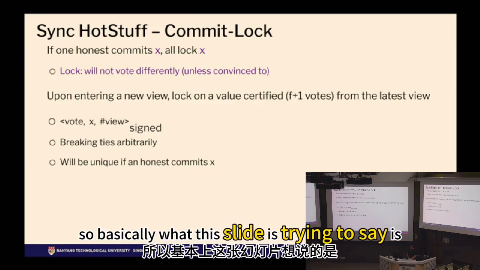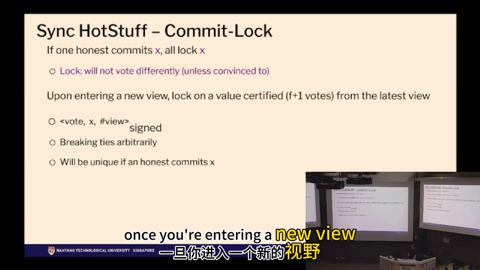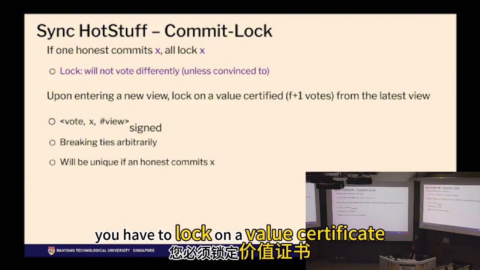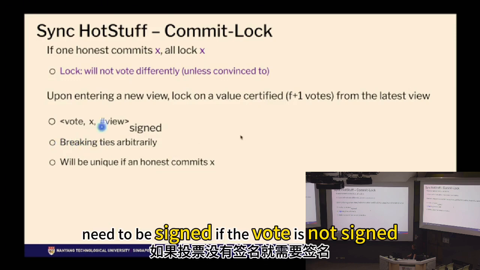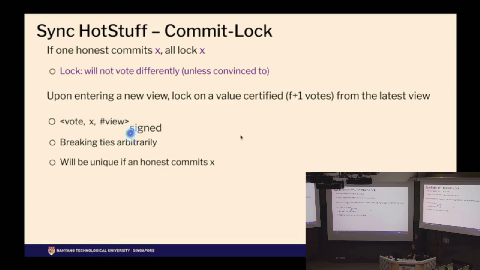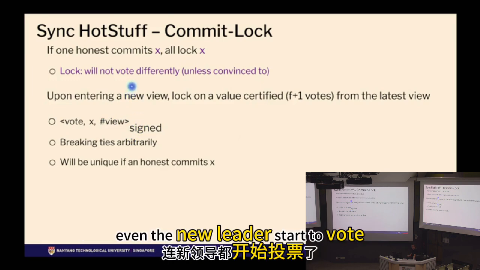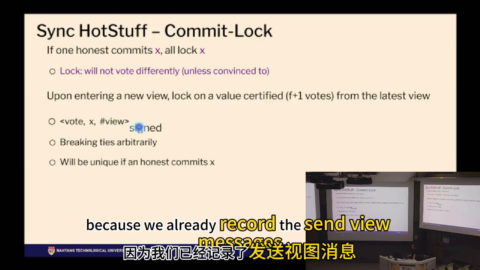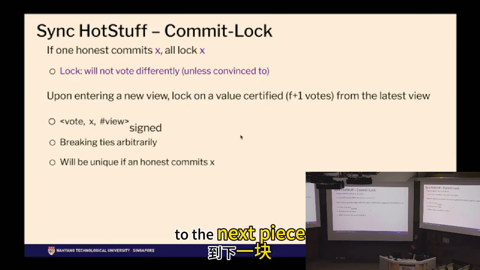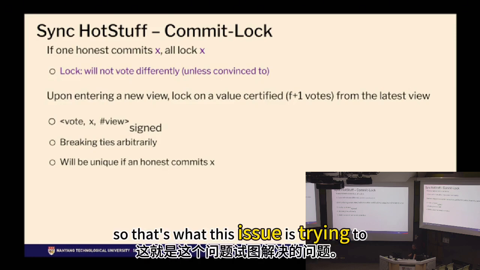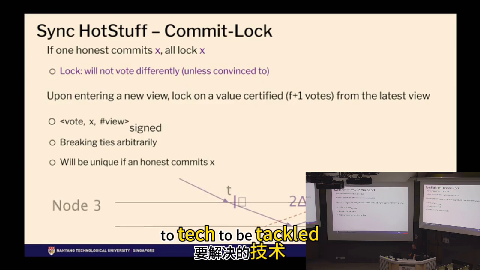So basically what this slide is trying to say is that once you enter a new view, you have to lock on a value certificate from the latest view. For example, this view needs to be signed. If the vote is not signed, even if the new leader starts to propose, because we already recorded the signed view messages, the new node is still not able to execute correctly to the next phase. So that's the issue this is trying to tackle.